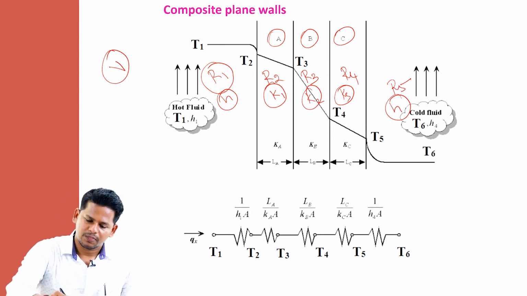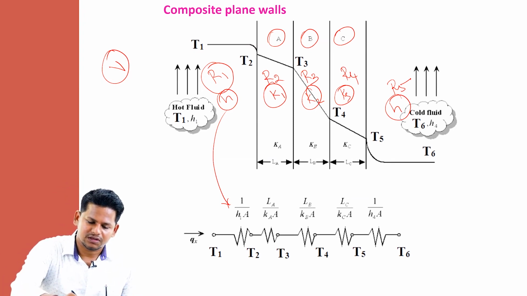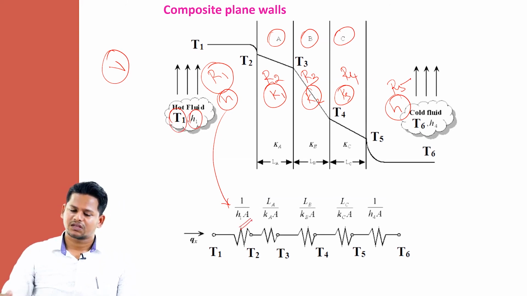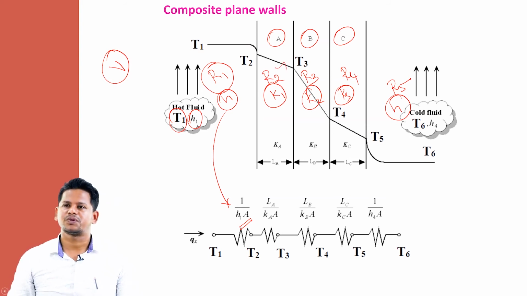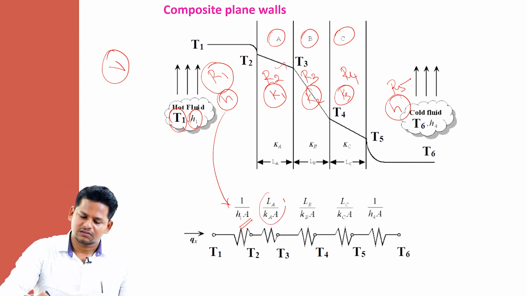First, the thermal resistance for convective heat transfer is 1 by HA. We are talking about T1 and H1, so 1 by H1A. Next, R2 is purely conduction, so L by Ka, with the length of the corresponding material.